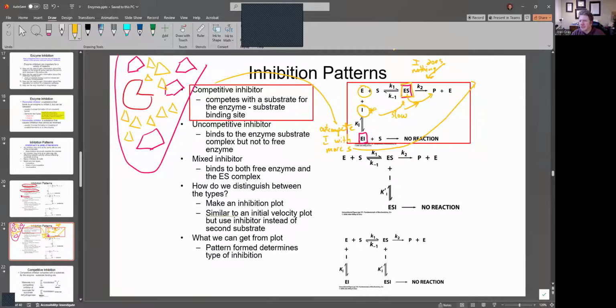So what that means in terms of our kinetic parameters is the competitive inhibitor doesn't change Vmax. It doesn't change the top speed. What a competitive inhibitor does, however, is alter the formation of that ES.